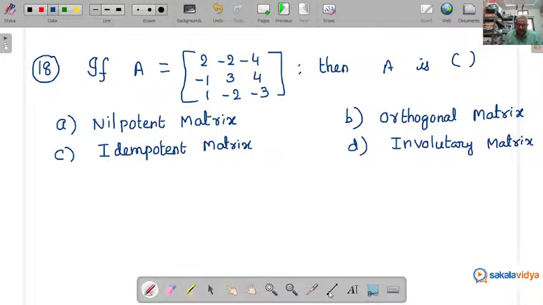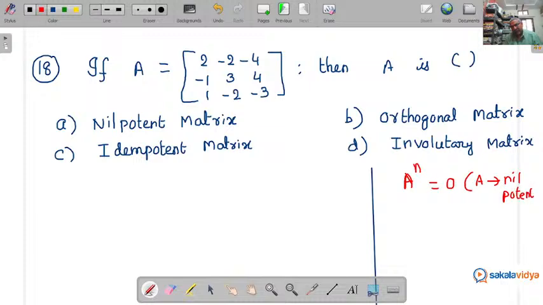So first let us discuss the concept. See, for example, A is a square matrix, A to the power of n equals to O, then A is called nilpotent. So for example, A square is equal to A, then A is idempotent.